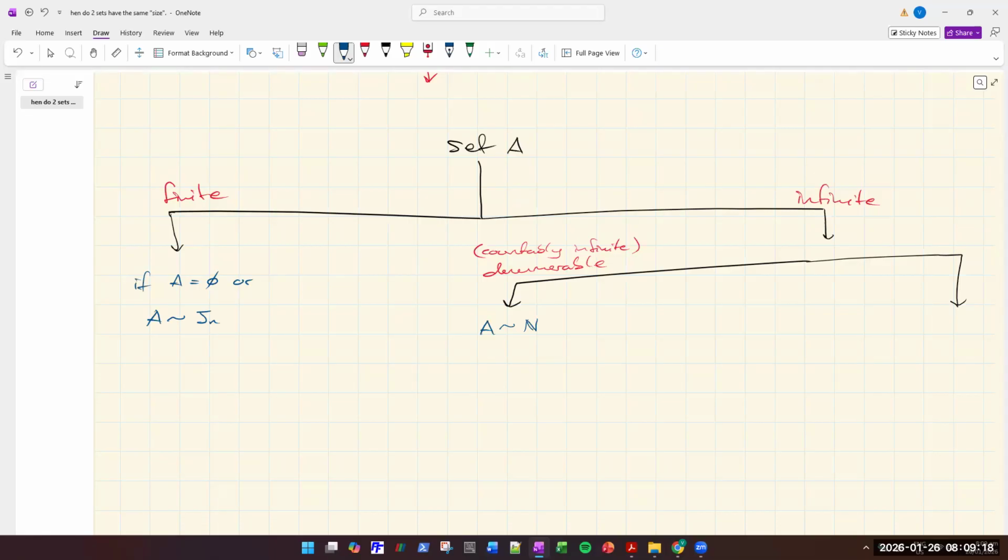So if there's a bijective function between A and the entire set of natural numbers, that's what a denumerable set is.